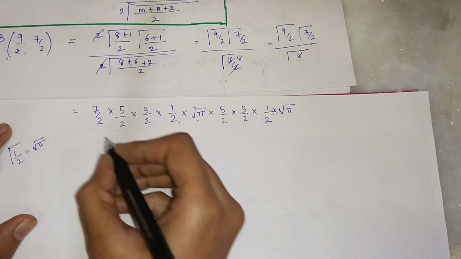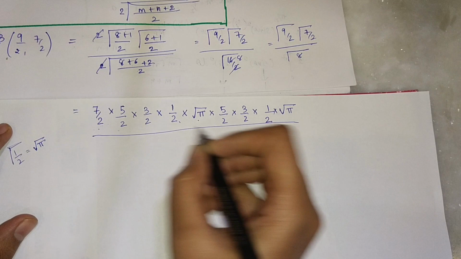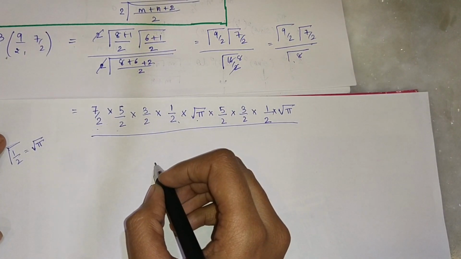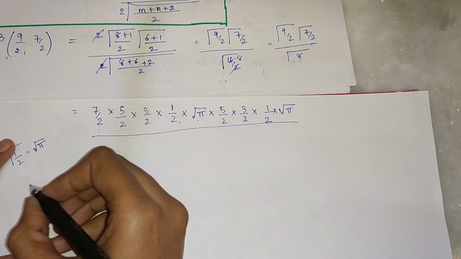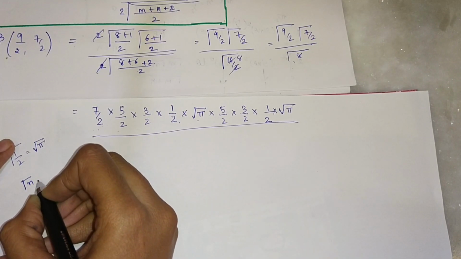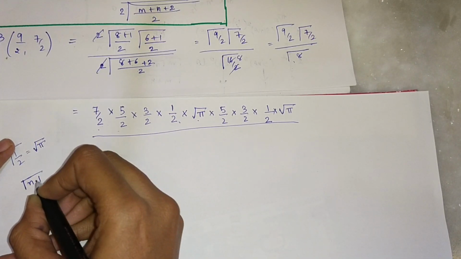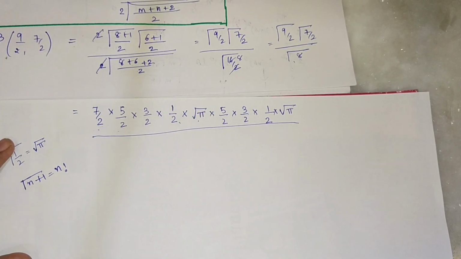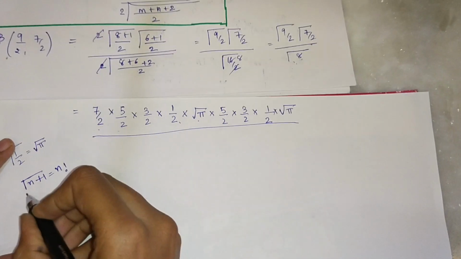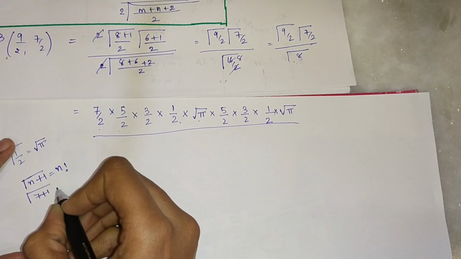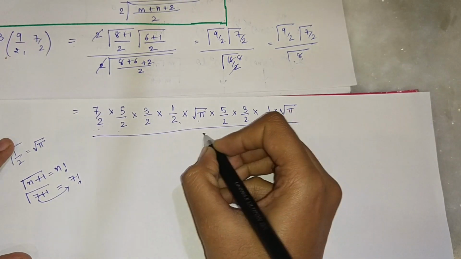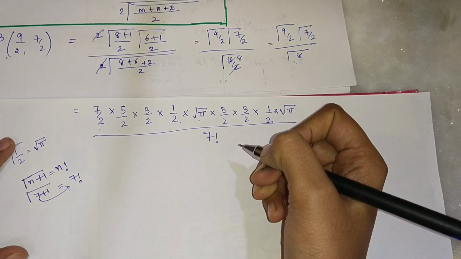Divided by, here we have 8, but we know that gamma n plus 1 is always equal to n factorial. So here if we have 8, then we can write 7 plus 1, which is equal to 7 factorial. So we can write here 7 factorial.